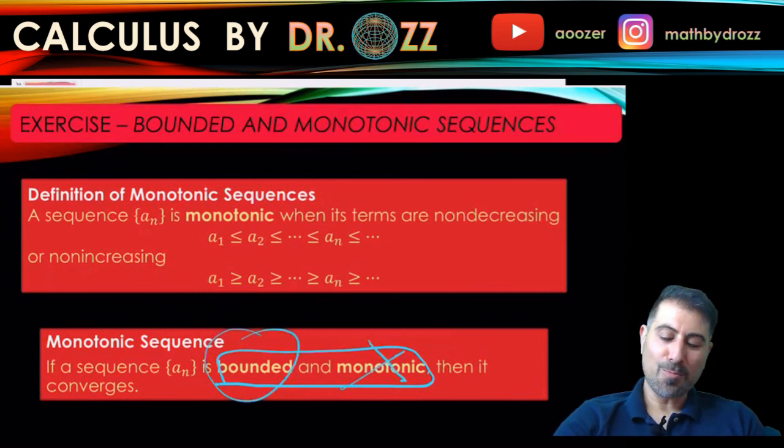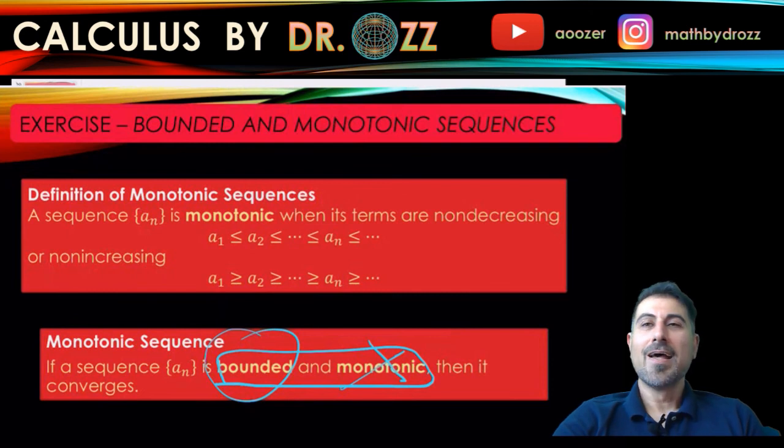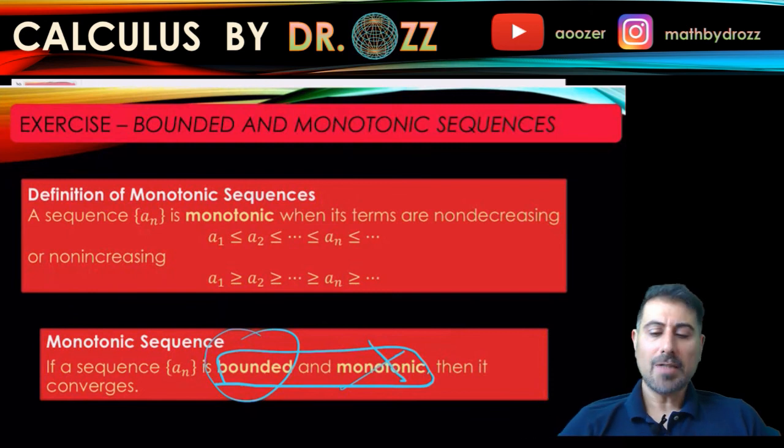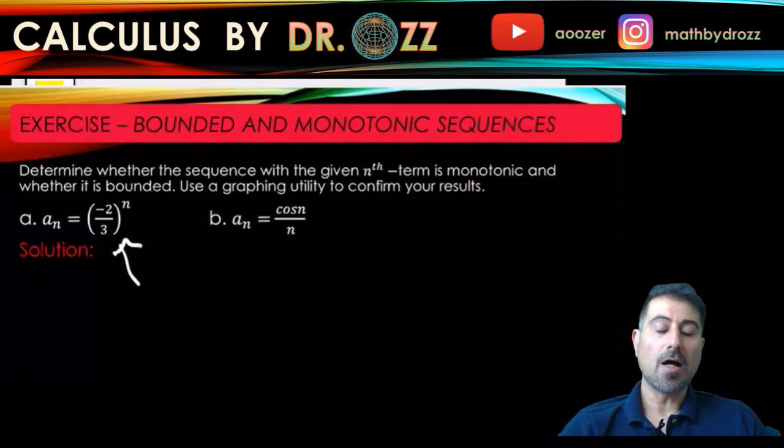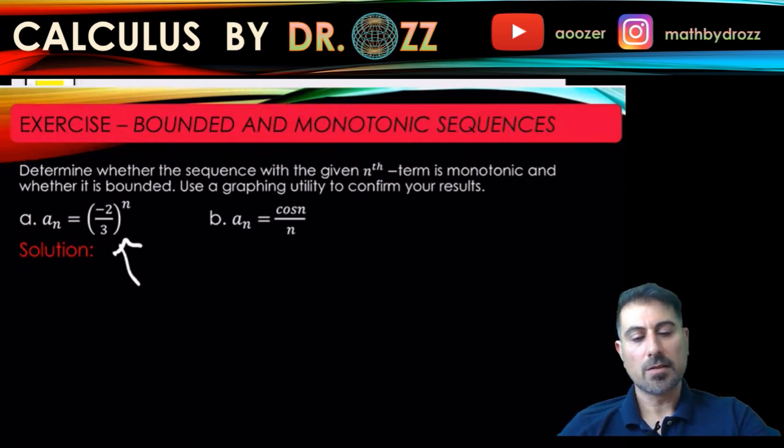But don't get me wrong, because we just said that cosine n over n is a convergent sequence, even though it's not monotonic, and it converges to 0. So these two examples are really nice in terms of not being able to use the theorem to deduce convergency.